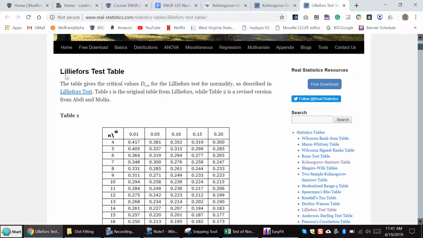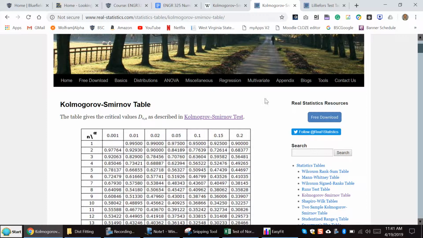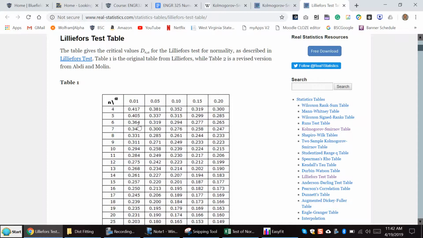And there's another test called the Lilliefors test. One is if you know your parameters, the other is if you don't know your parameters. But we're not really going to get into the details of that. These numbers are pretty close. Well, they actually kind of measure different things, but that's fine. Don't worry about it. We notice we have table 1 and table 2.